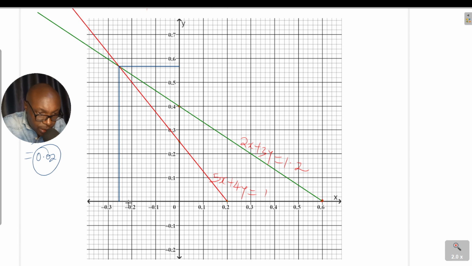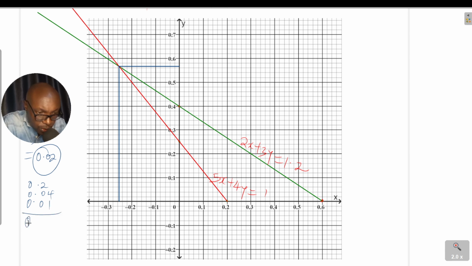This is 0.2, then 2 squares gives 0.04, and it is not yet at 0.06, so we can add at least 1 there.